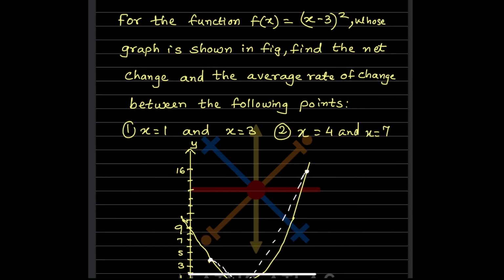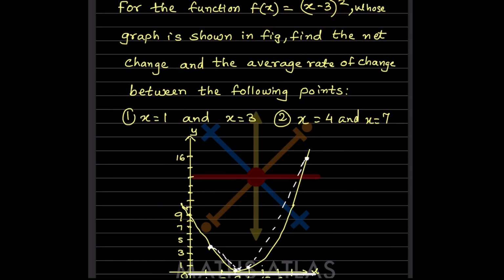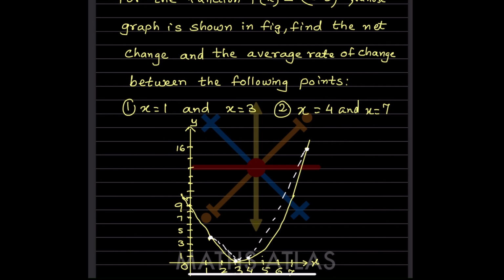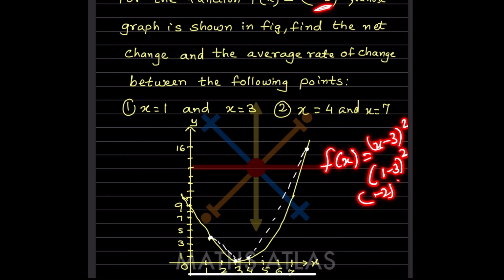So now we have the function, that is f of x is (x minus 3) whole square. So now when x is 1, we take this function f of x is (x minus 3) whole square. So here you put (1 minus 3) whole square, that is going to be (minus 2) square. So that is f of x, that is nothing but y.